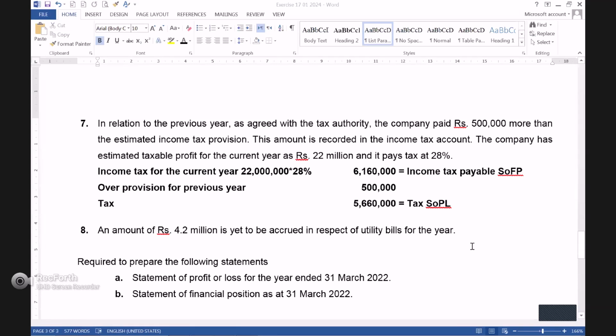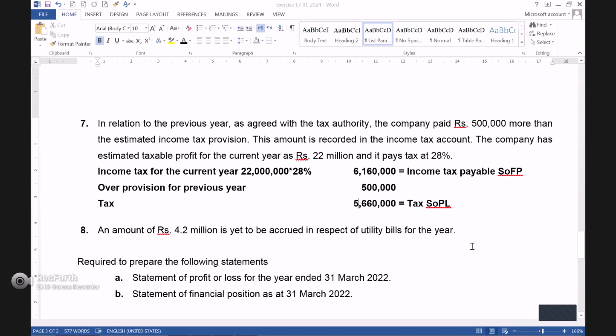Sir, can you explain again? The company paid 500,000 more than the estimated tax provision. For example, there is a provision of some amount already, and the company paid 500,000 more than the provision, so they additionally paid 500,000.